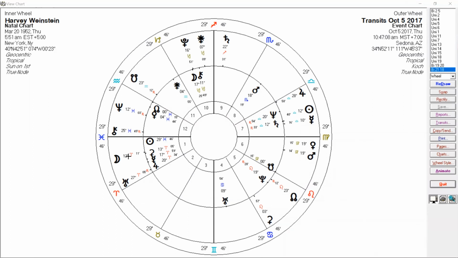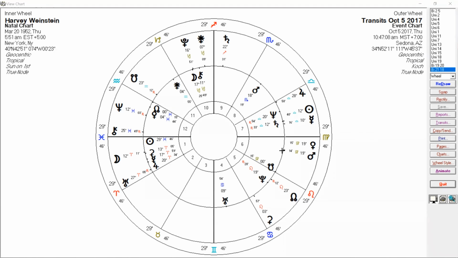So the full moon happened to be on his Saturn, which is natally in a relationship sign and house. And that's how you can start to unpack things.